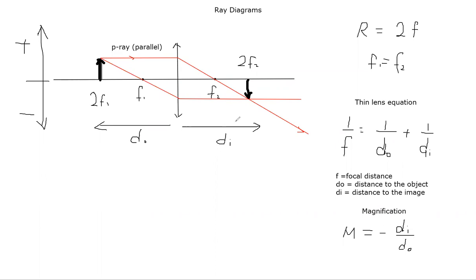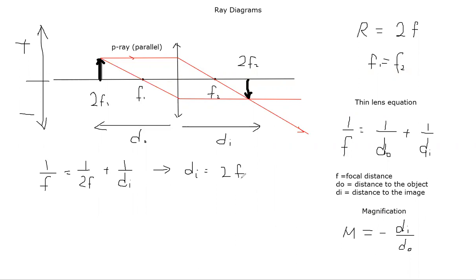Okay, so let's try to figure this out for the double focal distance, right? So we have 1 over f equals, DO is equal to 2f, so 1 over 2f. So we're looking for the DI. So from here, you should get the DI must be equal to 2f.